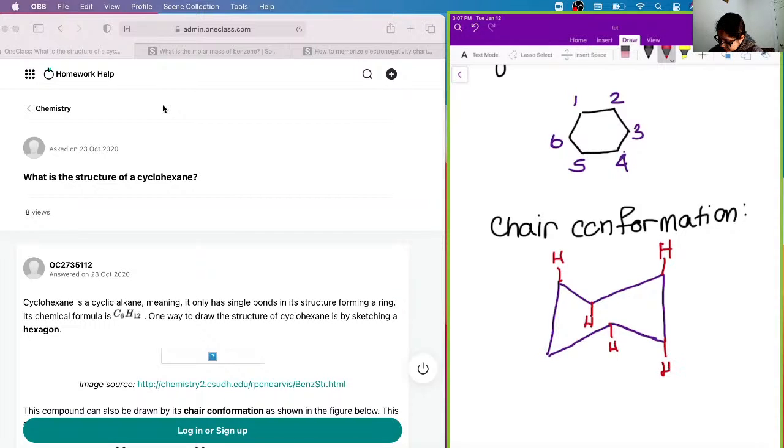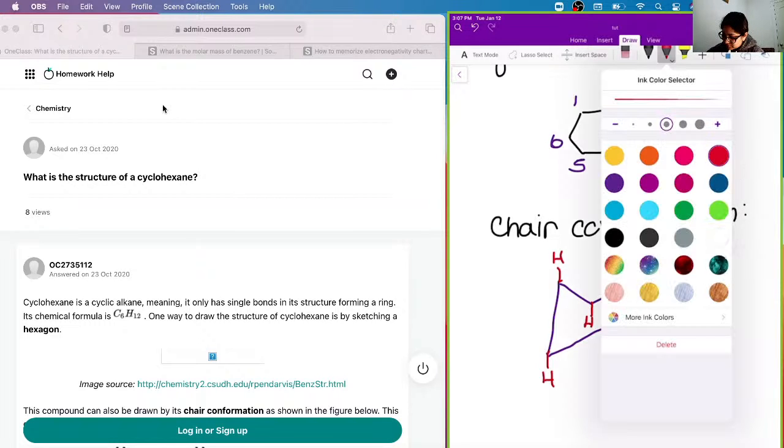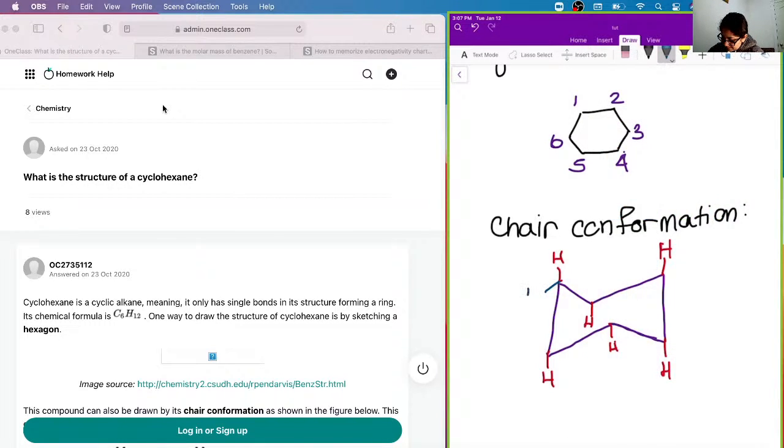Right here, so you have 12 hydrogens, right? So one going down here. These are all your axial hydrogens, and now I'm gonna draw all the equatorial hydrogens going like so.